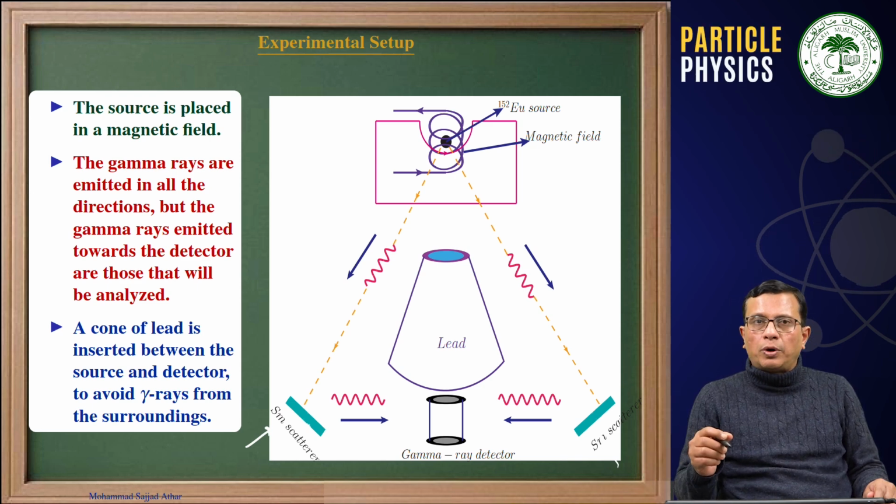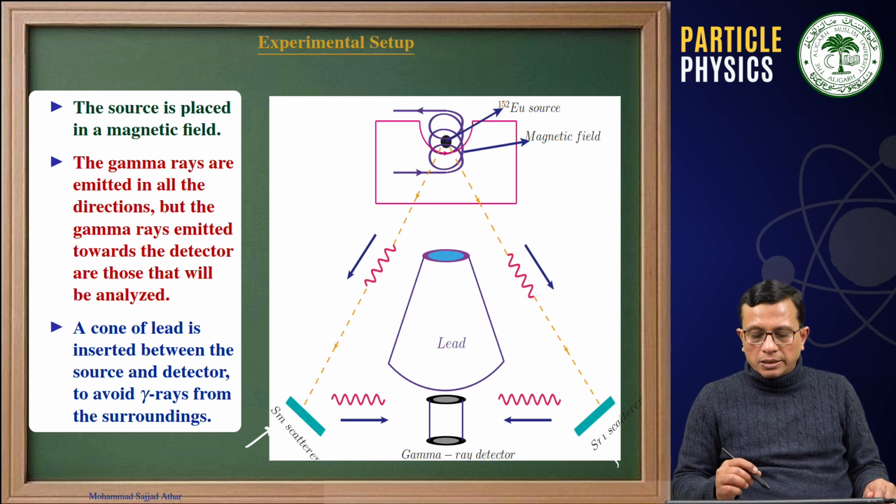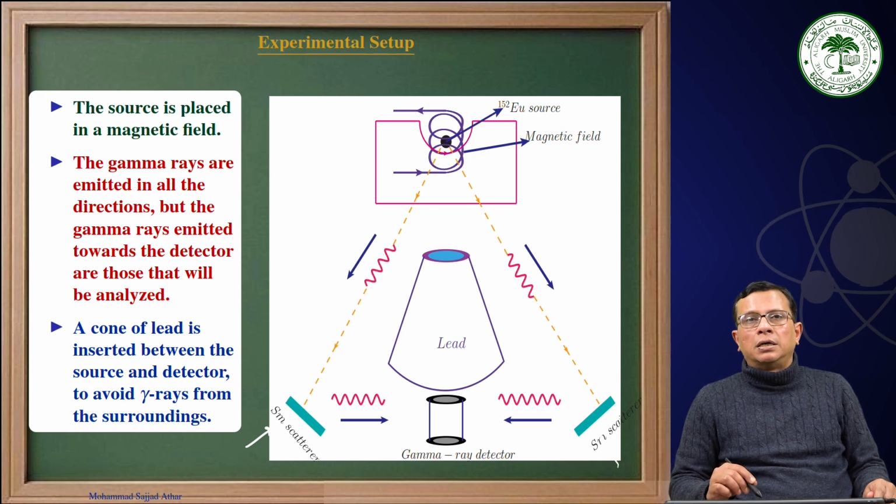Therefore, the important point was that this source was kept in a magnetic field, and there was a samarium scatterer. This was placed at an angle at which the photons released by the samarium star can be absorbed and re-emitted.